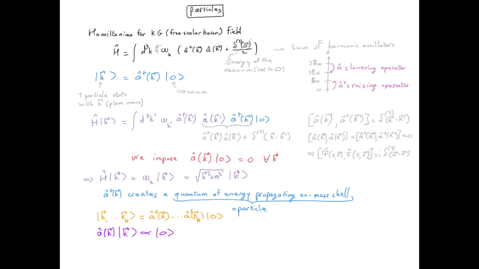We could have done it exactly the other way. We could have started with particles and imposed a spectrum of energy which corresponds to what we expect for particles. So if I have, say, one particle at rest, the energy should be mc squared, and if I have n particles at rest, it should be n mc squared.